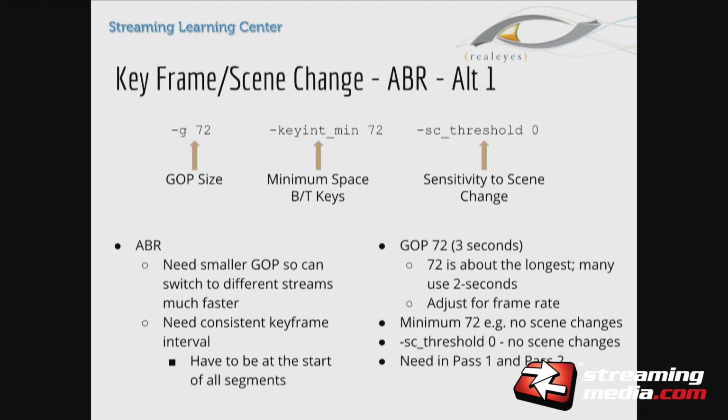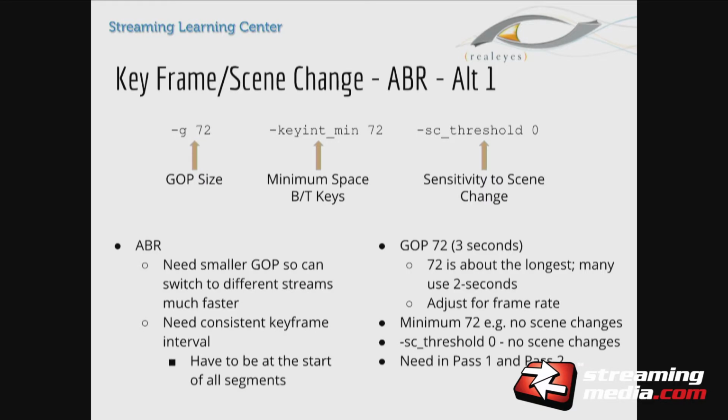Obviously, if this was 30 frames per second video, we'd use 90. And then we set the minimum at 72. So we're telling FFmpeg we want one keyframe every 72 frames, and we want no keyframe intervals less than 72. And then just to make sure FFmpeg gets the message, we set scene change threshold to 0, which basically says we don't want any keyframes at scene changes.